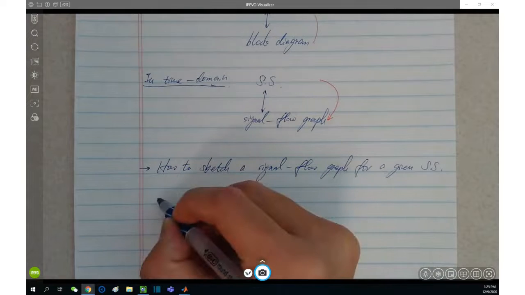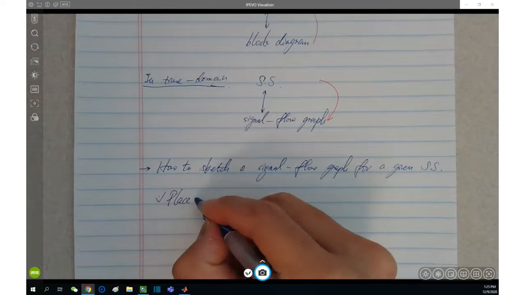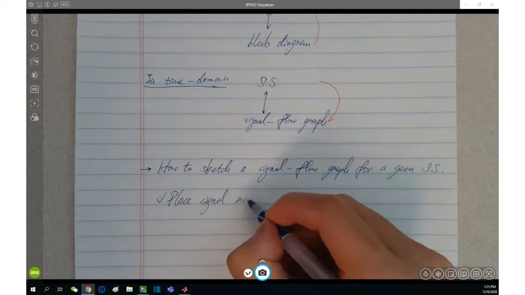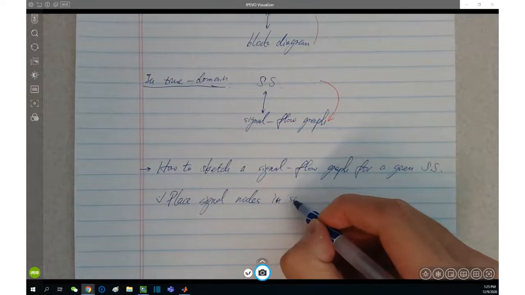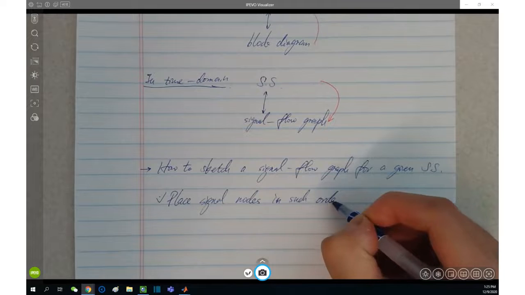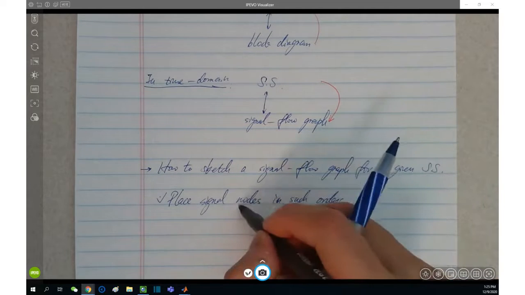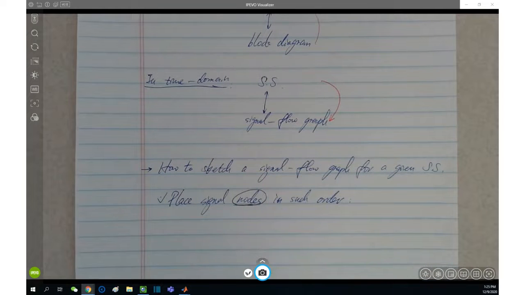So the first step is you place signal nodes in such order. Here, signals and variables are represented by nodes. Okay, we will see by example.